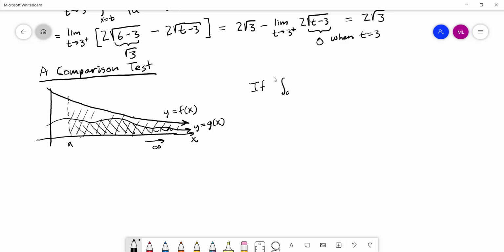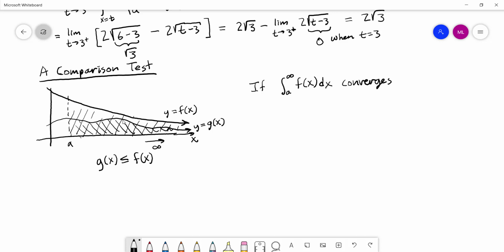If the integral from a to infinity of f of x dx converges, what will that tell me about the integral of g of x, knowing that the way I've drawn it, g of x is always less than, let's say less than or equal to, f of x?